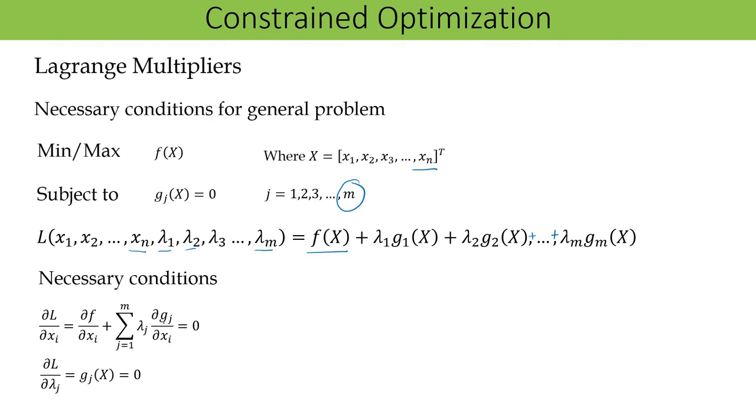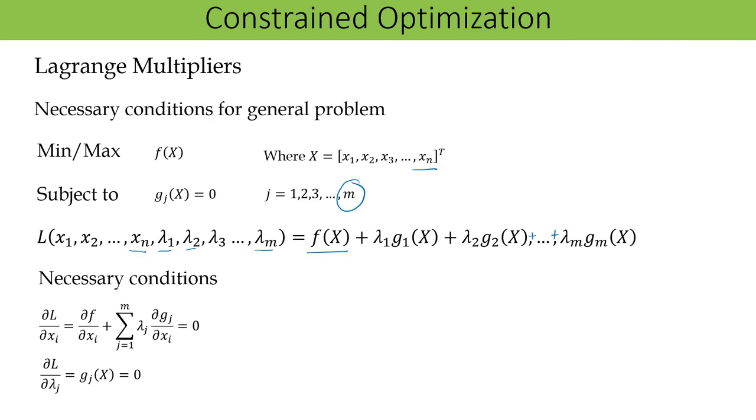You are adding all those terms, and so how many equations are you getting? You are getting a total of n equations, because x varies from 1 to n. And similarly you take the derivative with respect to lambda j, and you get zjx.